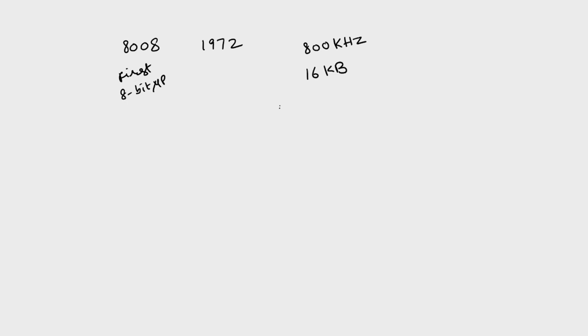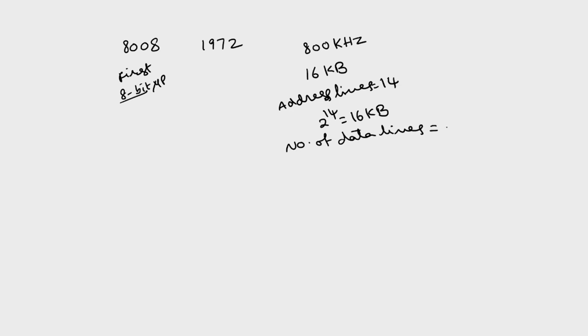That means we will be having 14 address lines, because 2 raised to the power of 14 is 16 kilobytes. And the number of data lines is 8, as the 8-bit represents the number of data lines.